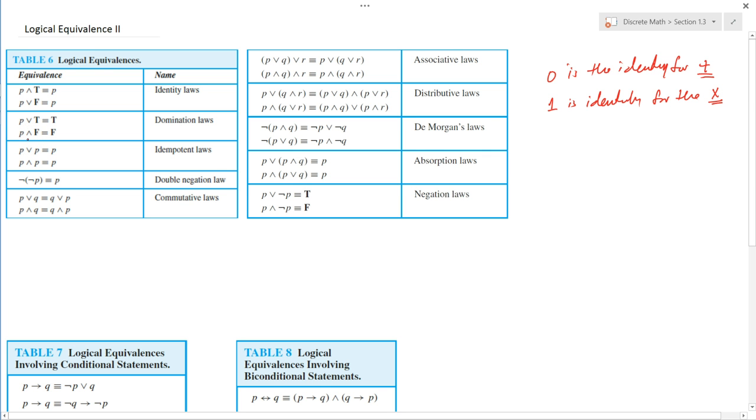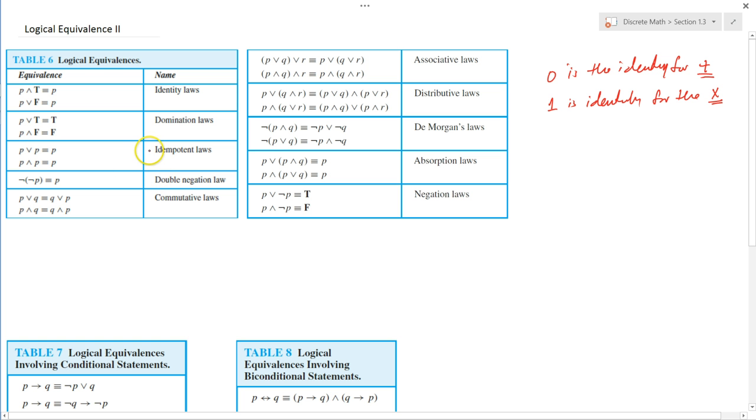And that is the same case as in regular algebra, where if you multiply any number with 0, you're always going to get 0 no matter what that number is. So as I mentioned earlier, you can always find a pattern of similarity between concepts in regular algebra and the concepts in propositional logic over here.